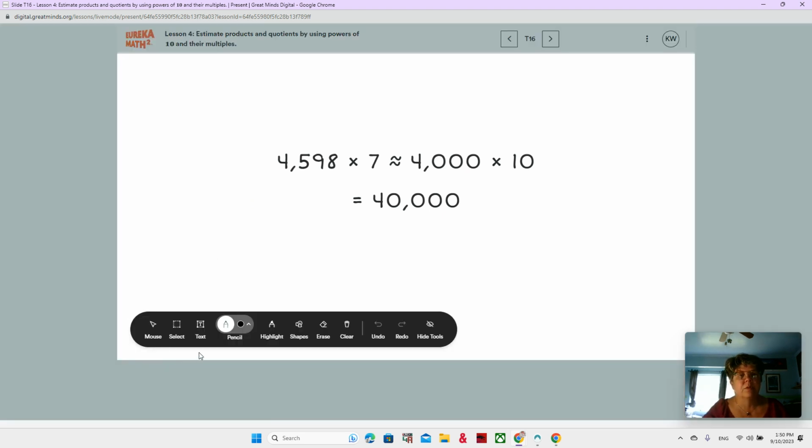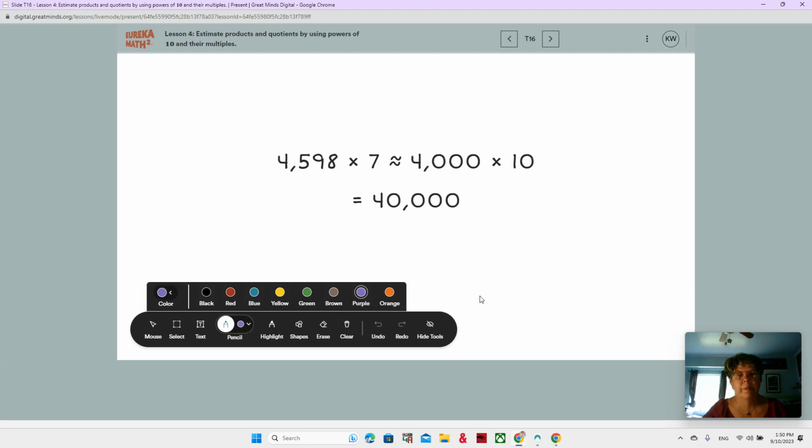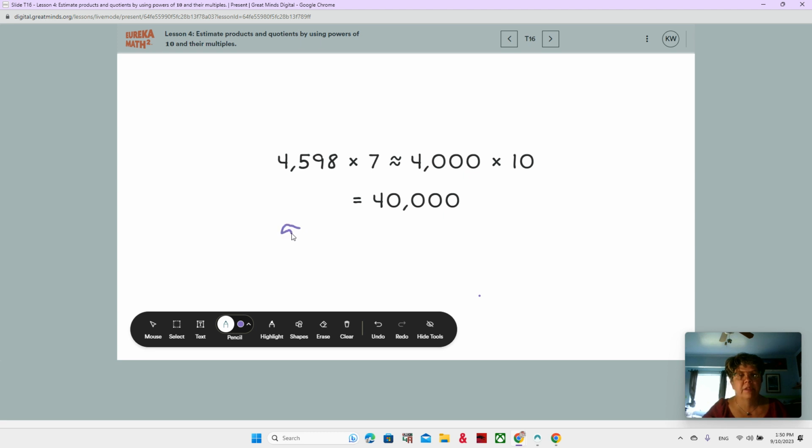Let's use these tools this time just for fun. Pencil, purple. Okay, so if she would have said 5,000 times, she could have said 5,000 times 10, and then her answer would be 5 times 10, 50, and 3 zeros, 50,000.